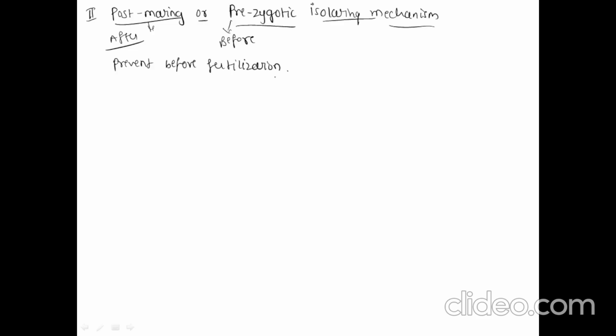This is because sperm of one species may not be able to fertilize the eggs of another species, or biochemical mechanisms may prevent the sperm from penetrating the membrane surrounding the other species' egg. Here the post-mating or pre-zygotic isolating mechanisms prevent reproduction before fertilization.